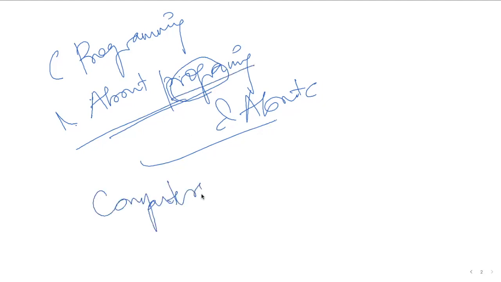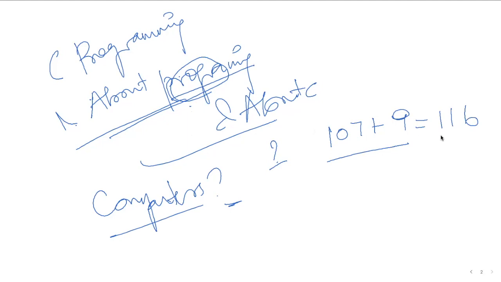Initially, why were computers invented? See, if I ask you to do a mathematical calculation like 107 plus 9, you will give the answer within a second: it's 116, right? If it's a small number, we can do it easily, quickly and accurately.